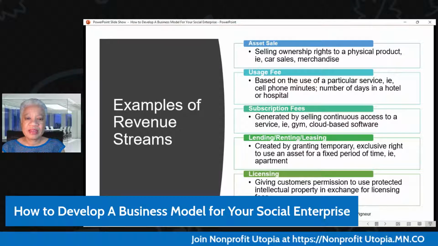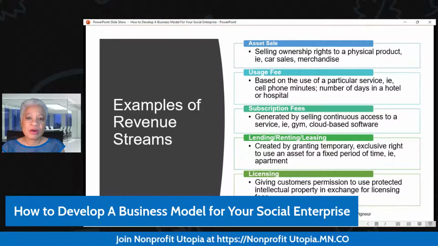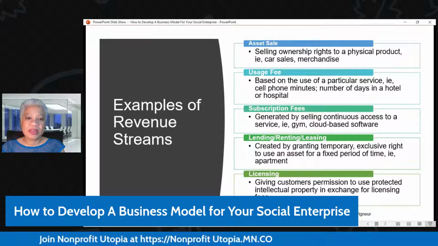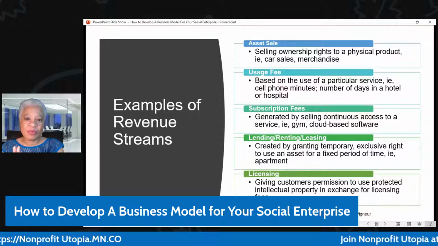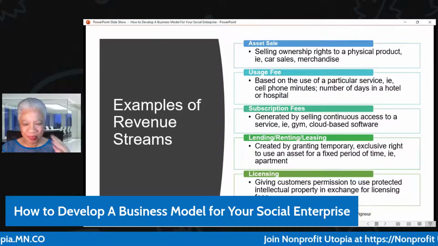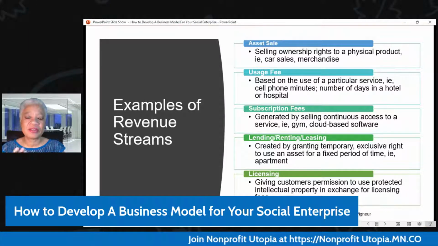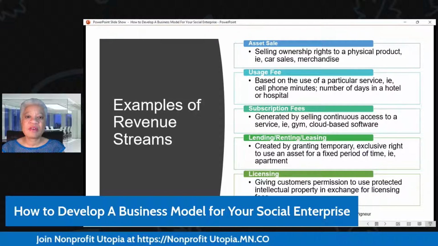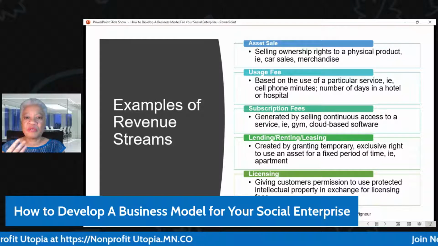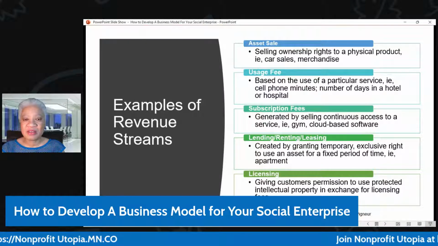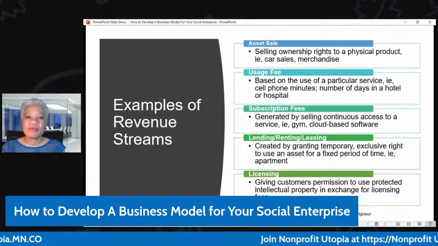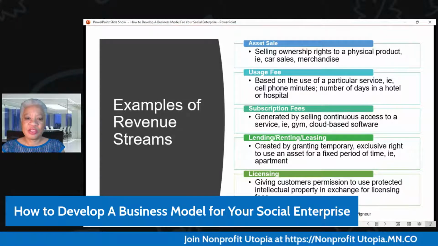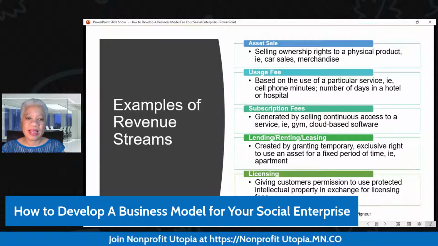And basically, when we talk about an asset sale, we're talking about, on the spot, you are buying something and ownership changes hands from you, the business owner, to the person that is buying that product or service. We also have usage fees, and those are based on the number of units, say the number of minutes you have with a cell phone. So the number of units of use of a particular item, right?